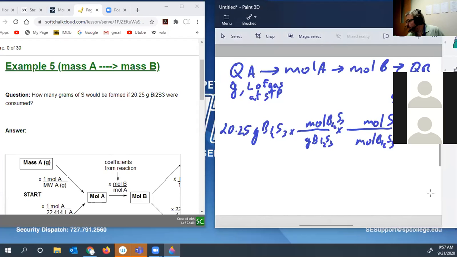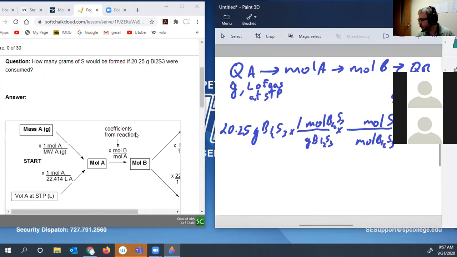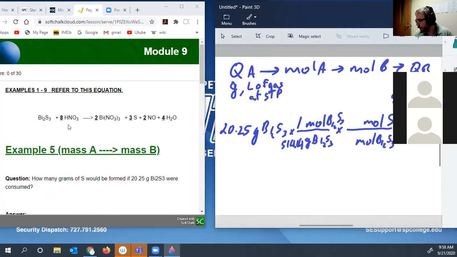So looking at the relationship here, 1 mole of Bi2S3 is equal to the molecular weight, which is 514.14 grams. And then the relationship between moles of sulfur and moles of Bi2S3, we get that from the equation. So 3 moles of sulfur and 1 mole of Bi2S3. And then the last thing here is the molecular weight of sulfur, 32.06 grams and 1 mole.